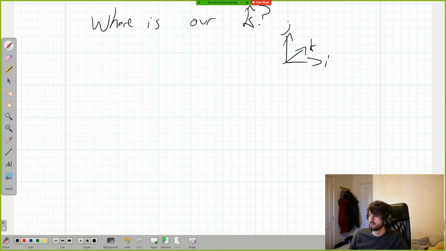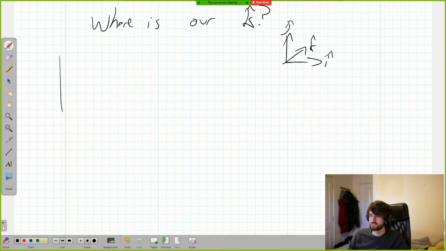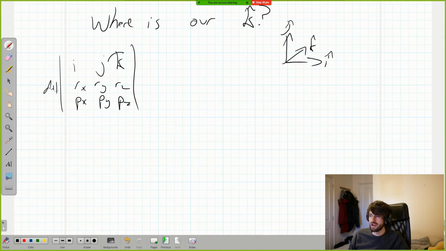So you might be like, whoa, if k can flip, if we have some i, j, k times Rx, Ry, Rz, and this is the determinant, Px, Py, Pz, if k can be in the opposite direction, then what does that mean? How is that going to change everything? Won't that flip the angular velocity?